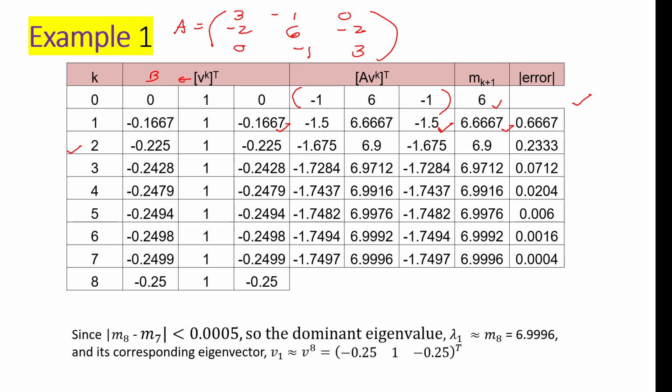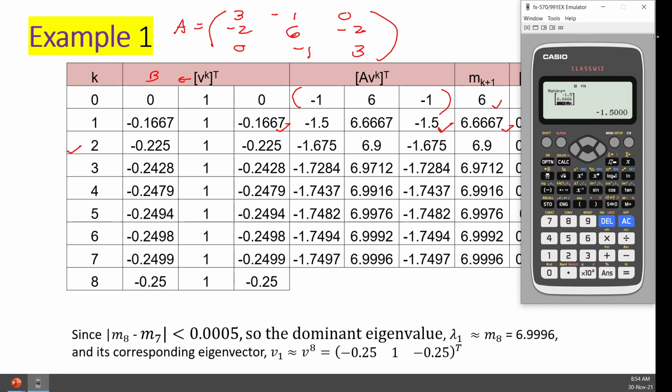Your latest result is in the max answer, so you take this max answer and divide by 6.6667. This latest result is your latest V, V2, the next row. So 1, that's what you get here.